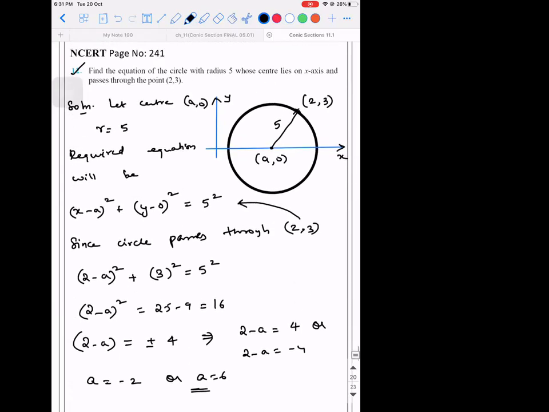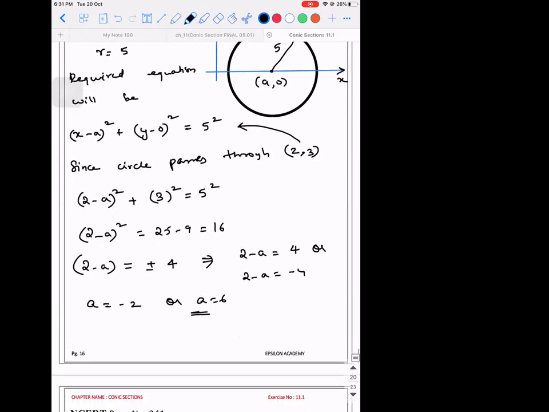So what are the required equations possible? x plus 2 the whole square plus y square is equal to 25, or x minus 6 the whole square plus y square is equal to 25. Please check the answer.